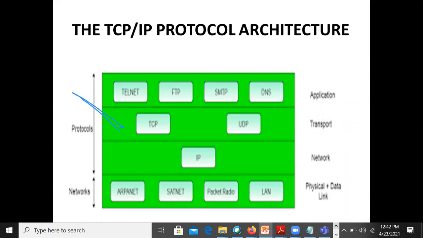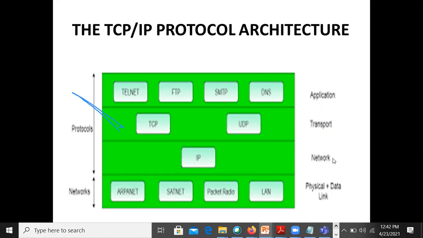When the data is transmitted on the network, how it has to be routed, from where it has to start, which switching element it has to reach, next which switching element, which router it has to take, which path it has to take. The path identification will be done at the network layer.